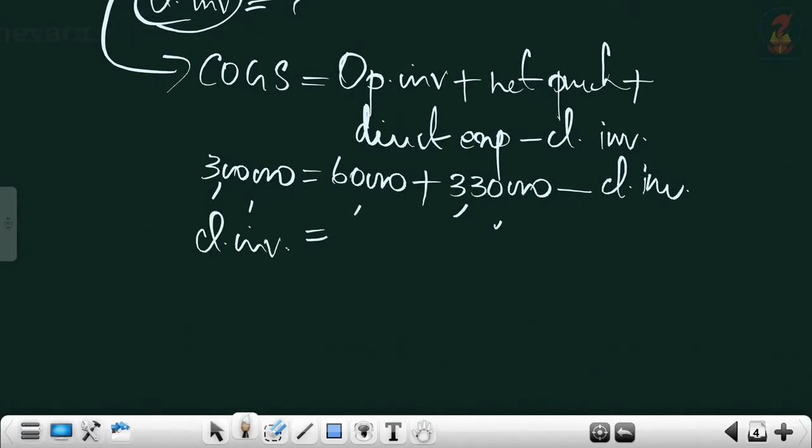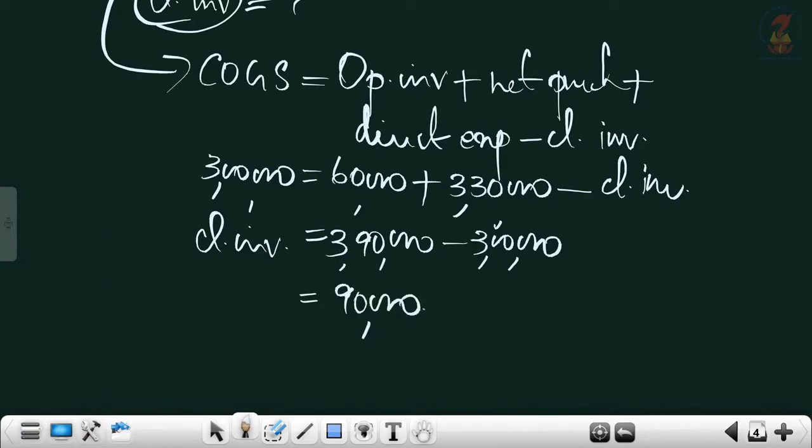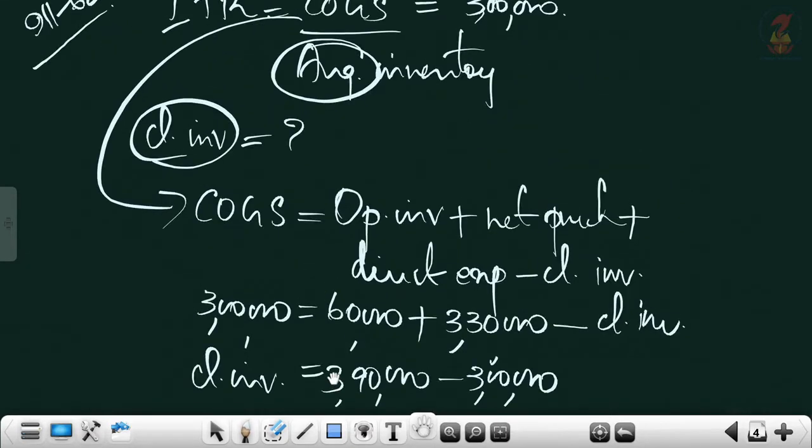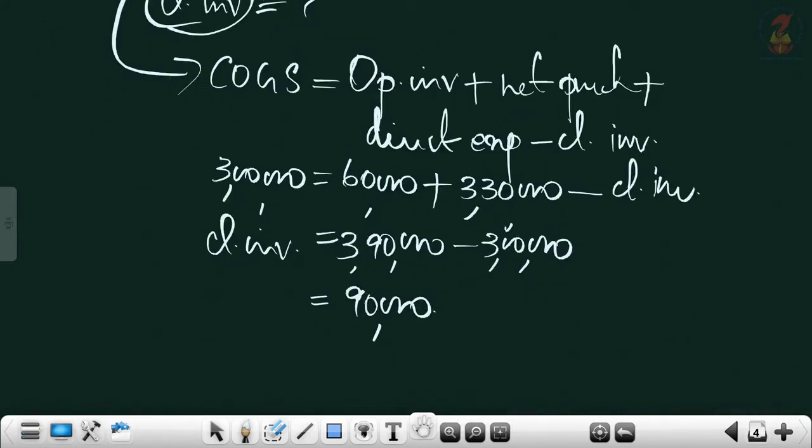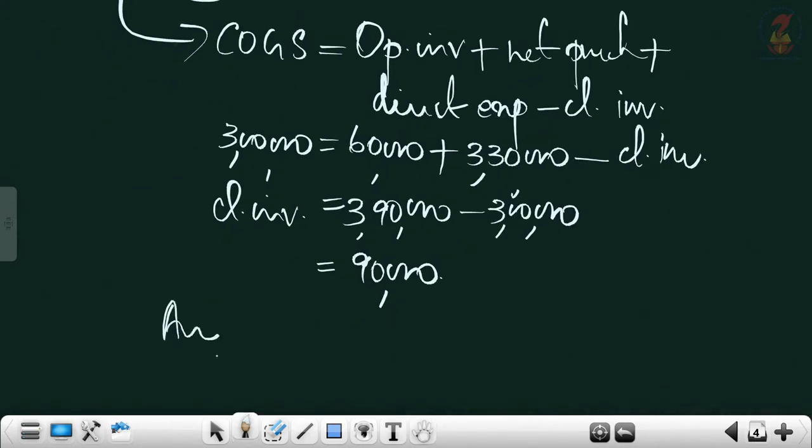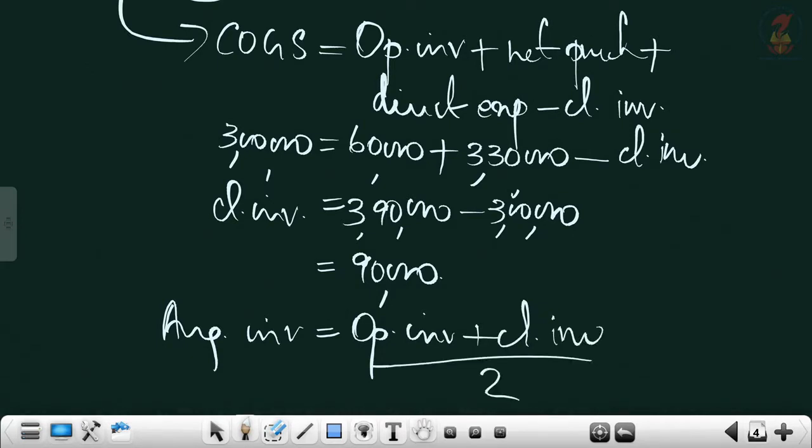It will be equal to 3,90,000 minus 3 lakhs, which is closing inventory of 90,000. The question is to get the inventory turnover ratio. Now you can substitute in the formula, where you have to get average inventory also, which is opening inventory plus closing inventory divided by 2.